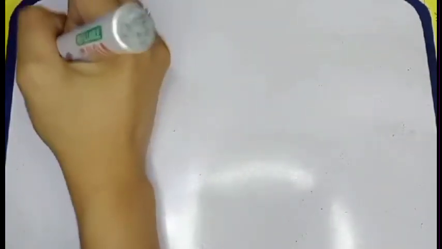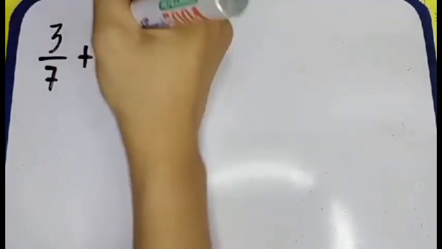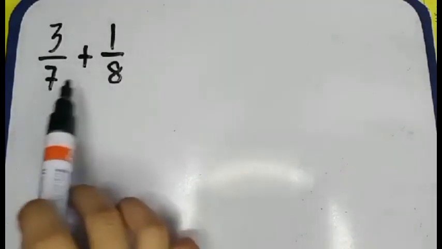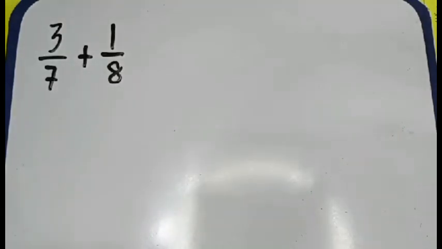Next, we have 3 over 7 plus 1 over 8. The fractions have unlike denominators. So first, we're going to find the LCM of 7 and 8, and that is 56.